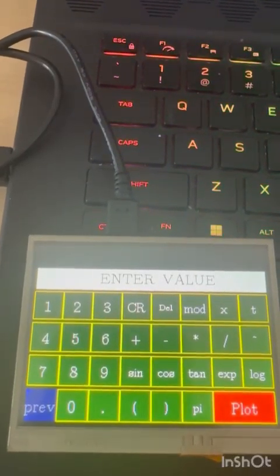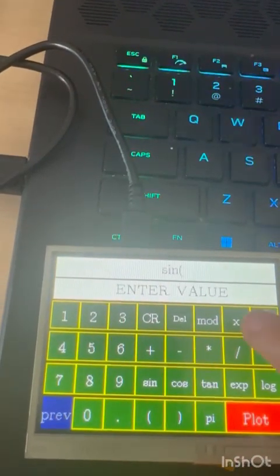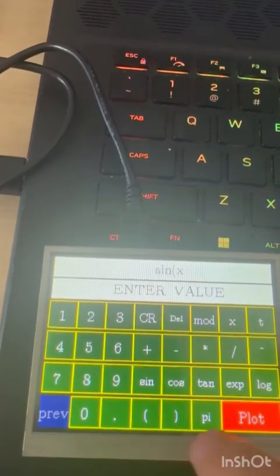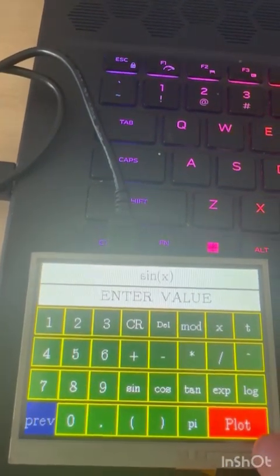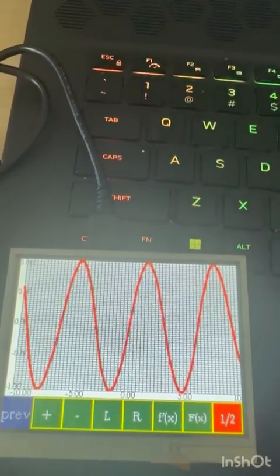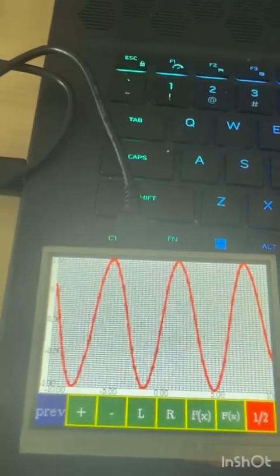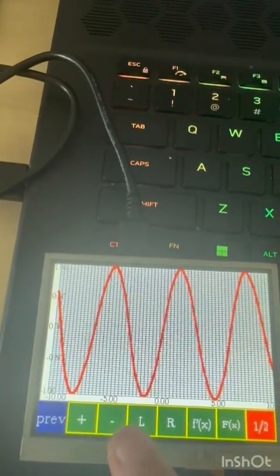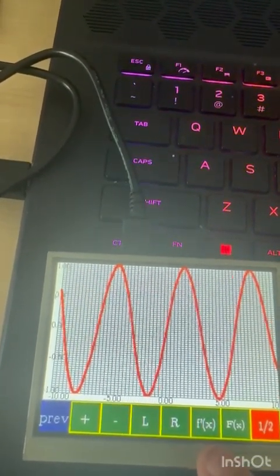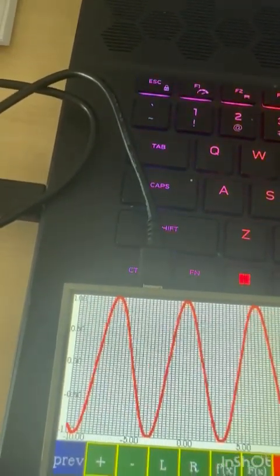Let's find the graph for sin x. You can see it starts from 0, and there are other operations like zoom in, zoom out, left, right, derivative. If we take the derivative, then you can see it goes from -1 to 1.